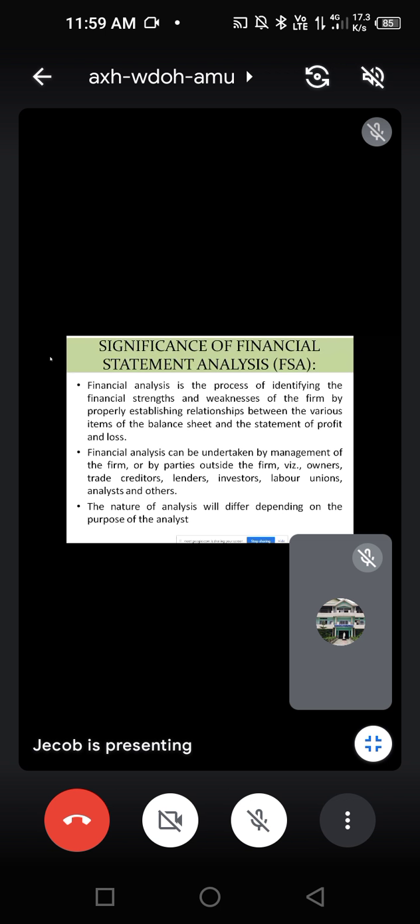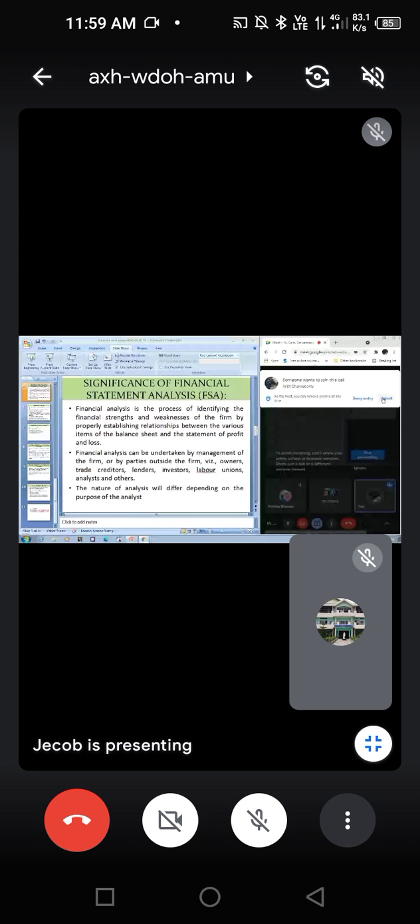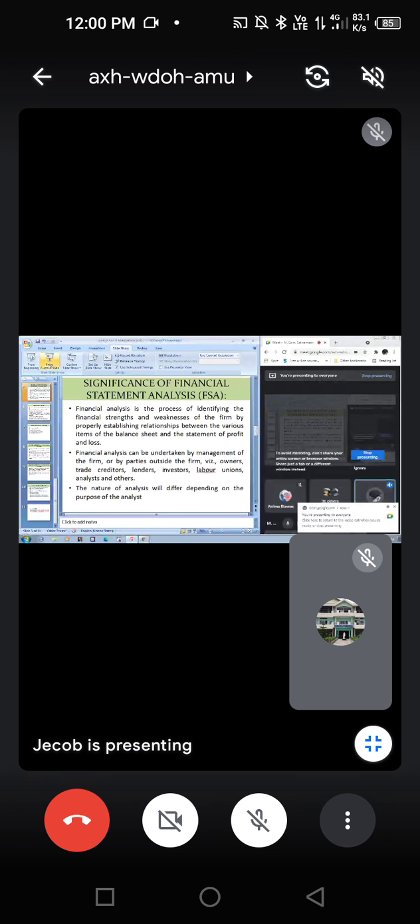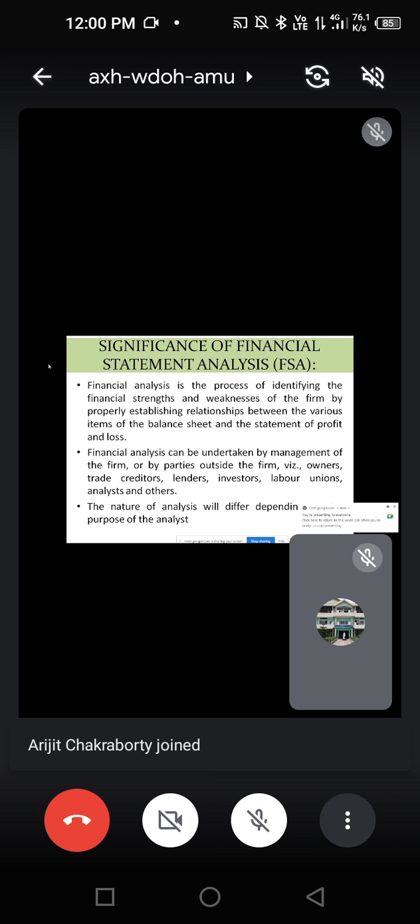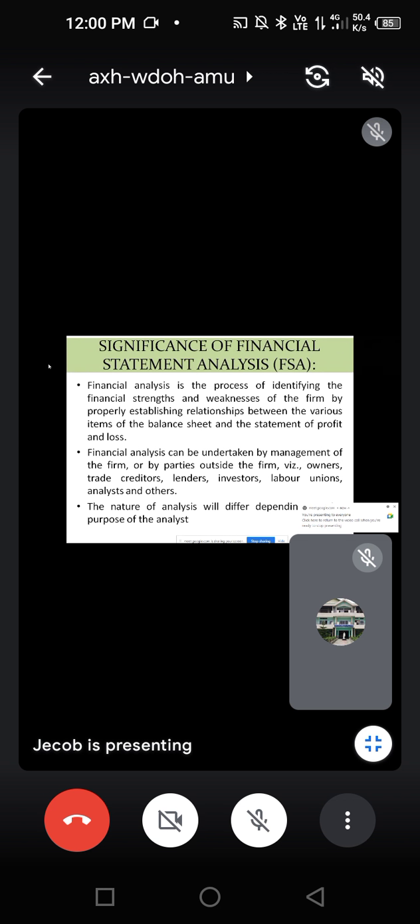If we don't understand the basic chemistry between these statements, then obviously the analysis and interpretation becomes difficult. So we must understand the chemistry between these terms, and look at how these statements work together. Now, these statements and their analysis and interpretation are beneficial for various people. We will talk about that in another slide.